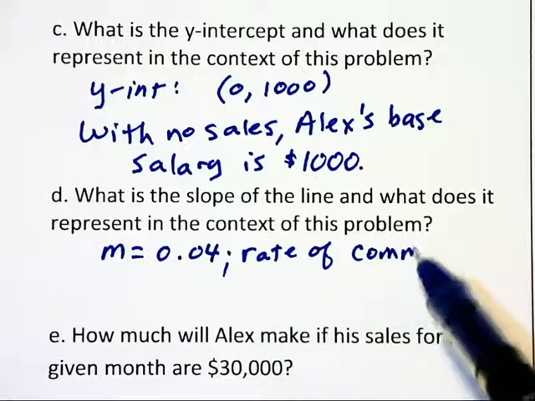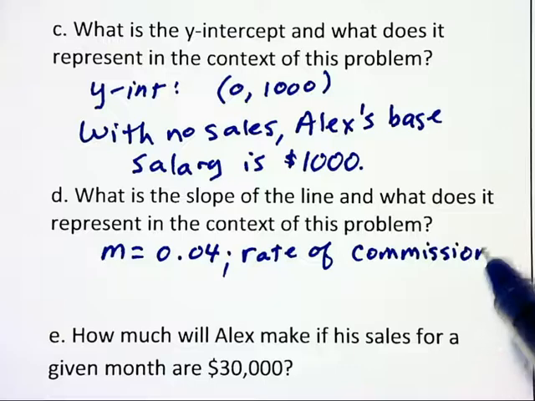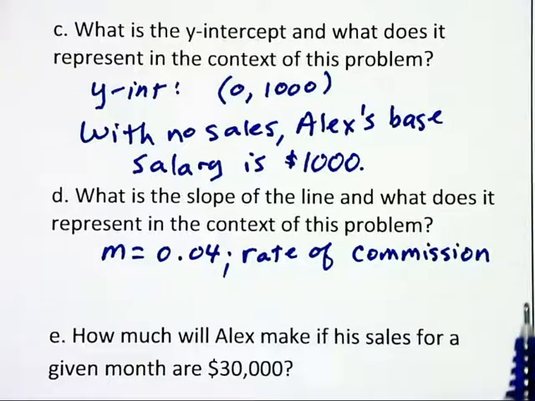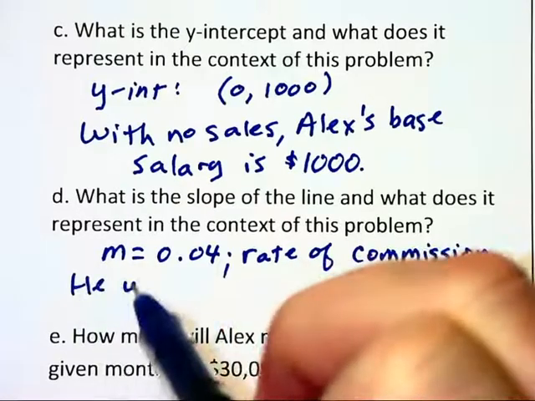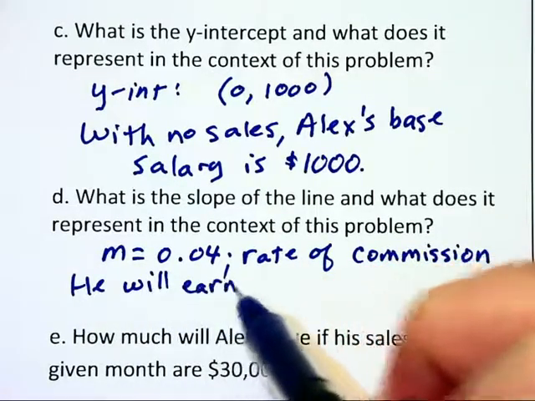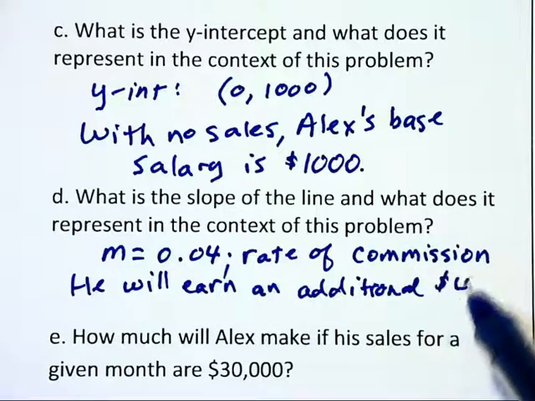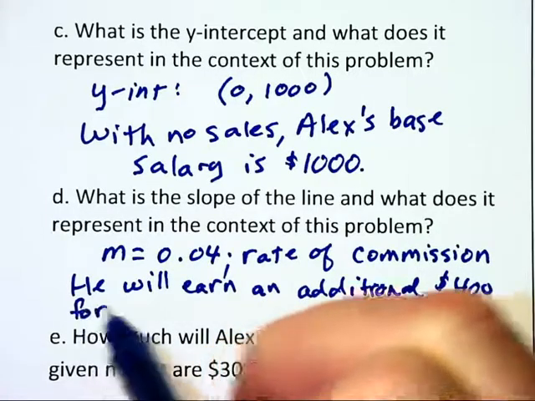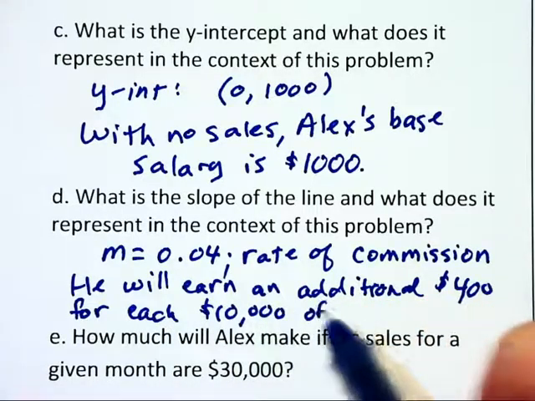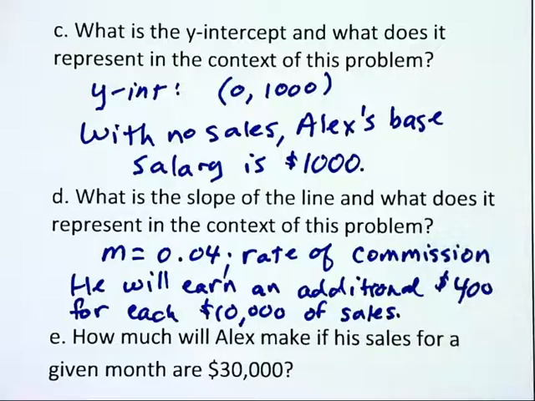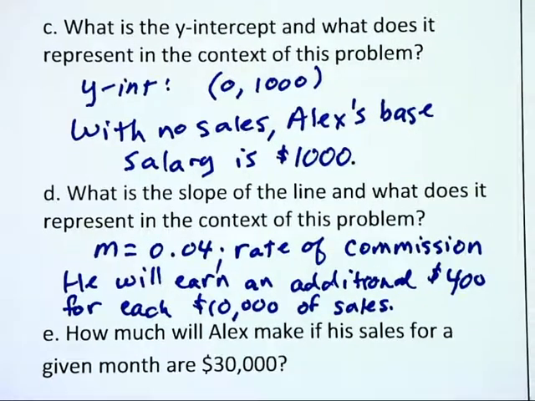And if you want to try to describe that in terms of a slope with a rise and a run, you can say he will earn an additional $400 for each $10,000 of sales. Notice how I have both a rise and a run in there. The rise is how much he's going to be earning, and the run refers to the x values here, which is the amount of sales.